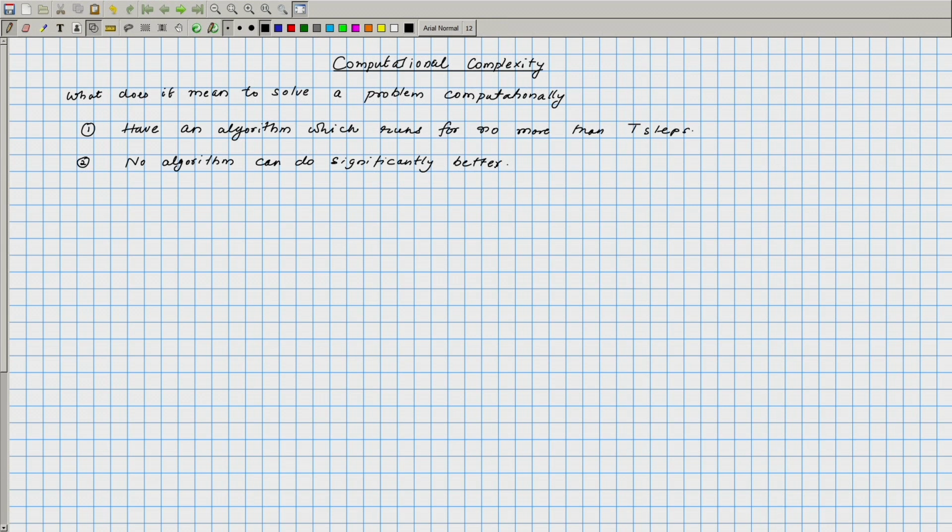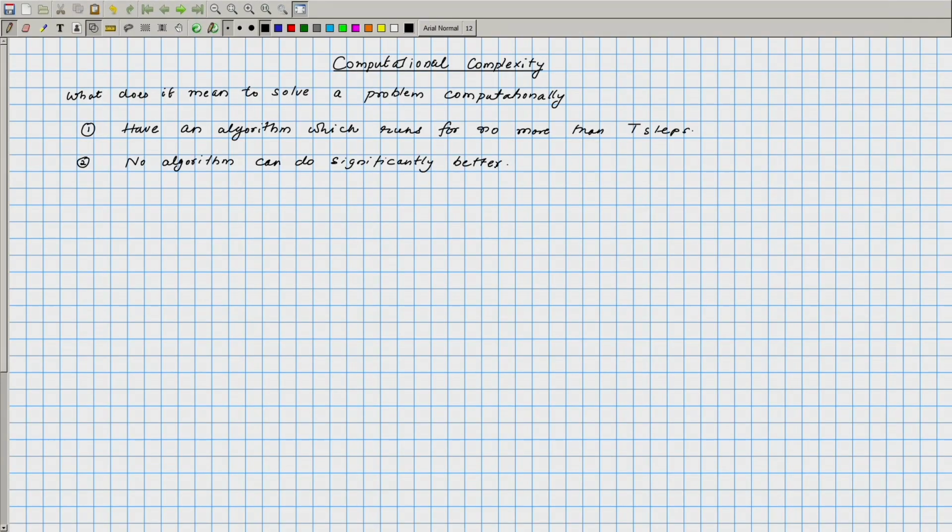One could also look at other resources like space or the amount of randomness used or the amount of communication used and so on. So, it is natural to look at various problems and look at which problem is computationally more difficult. If we were looking at time complexity classes, it would mean which problems take more time compared to others.